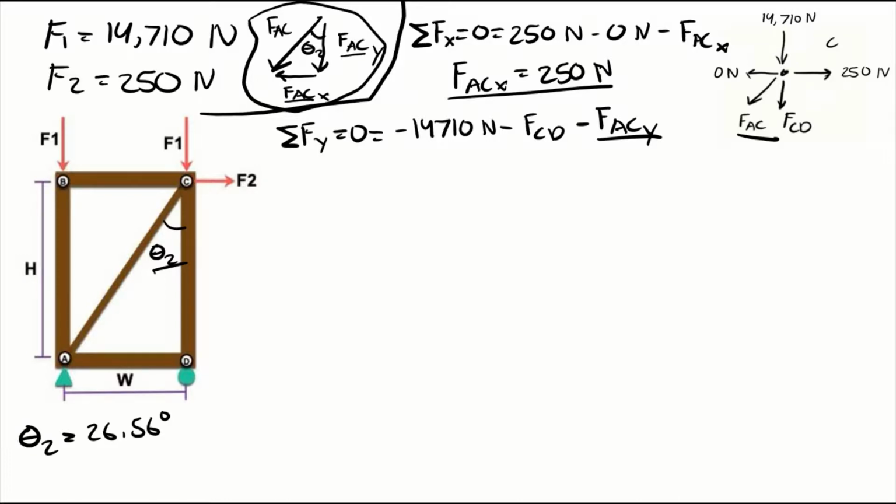So using tangent, we'll use tangent of 26.56 degrees, angle 2, which is the same for the cross member and force F sub AC, equals the opposite force, which is F sub ACX, divided by the adjacent force, which is F sub ACY.